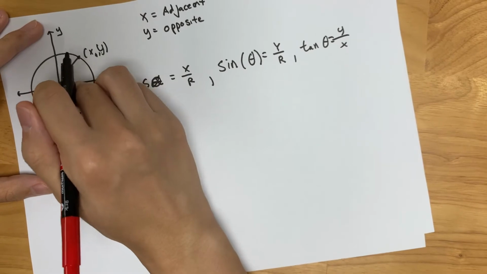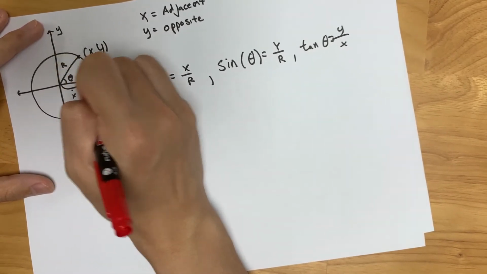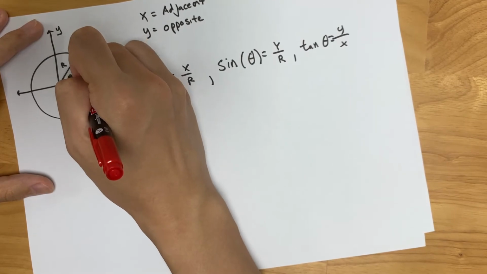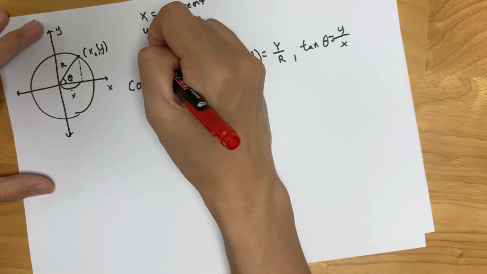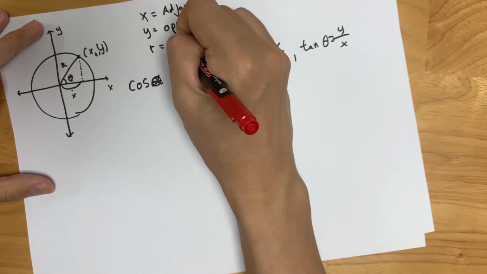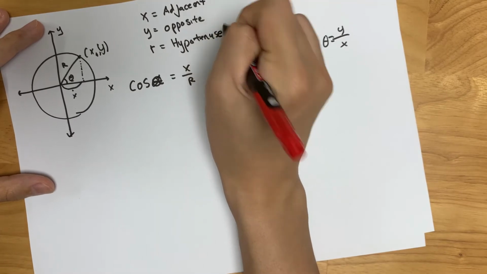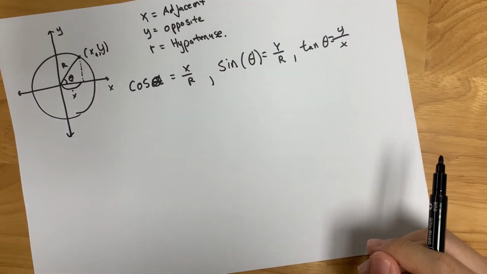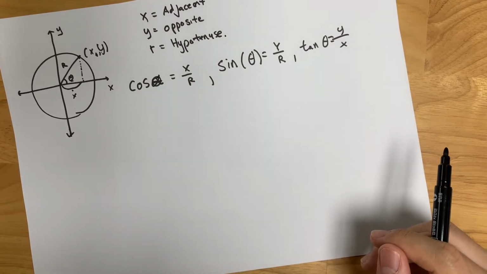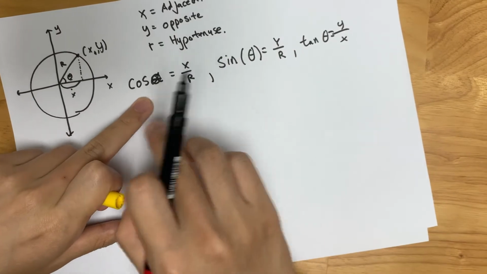And let's say this part is Y, this is opposite, and R is hypotenuse. And yeah, so I hope you get this part.